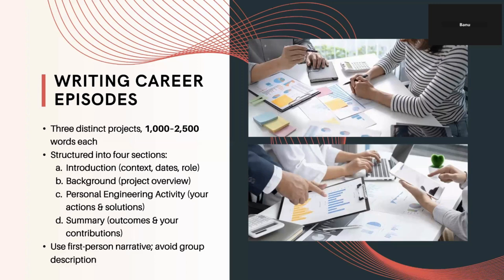I mean, what your role was, your responsibilities, the context of your work. And next, you need to describe at least one project for each career episode. If it is a job experience, you need to write one project per career episode, something you personally worked on. It can be a group project, as I said before, but only explain the parts you were responsible for.